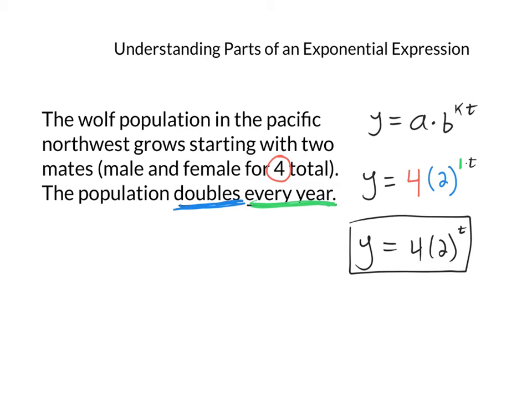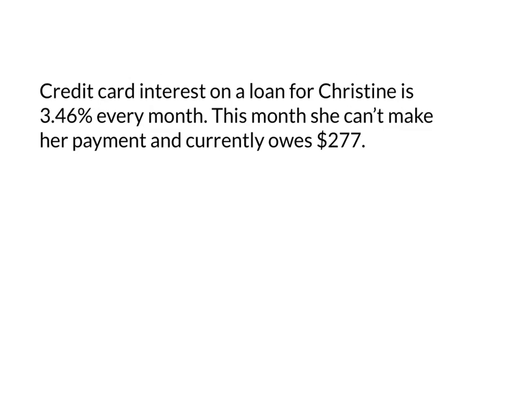Let's do a couple more because I think these are quite valuable. So credit card interest on a loan for Christine is 3.46% every month. This month she can't make her payment and currently owes $277.